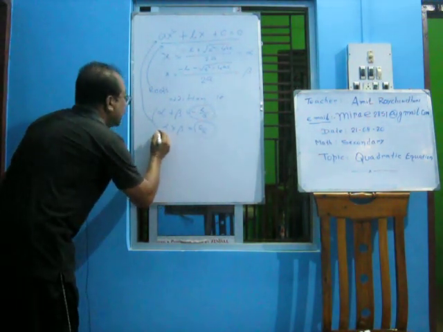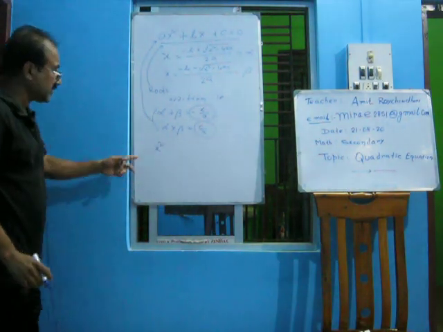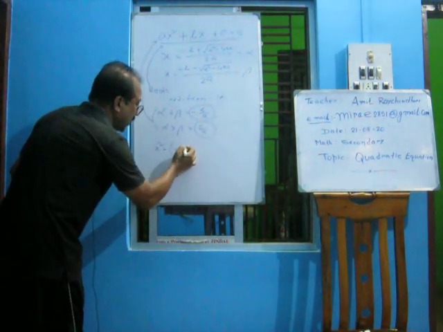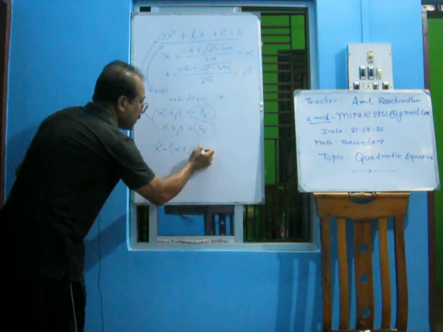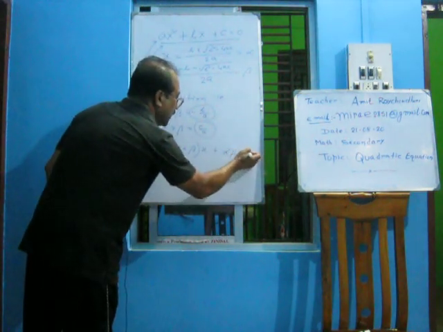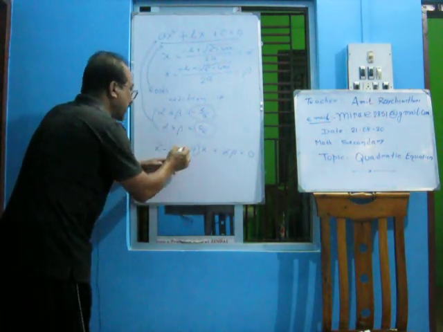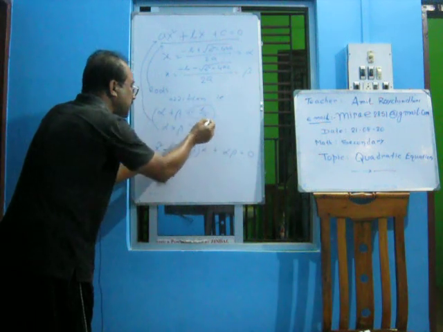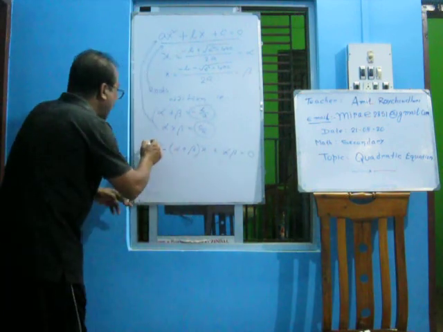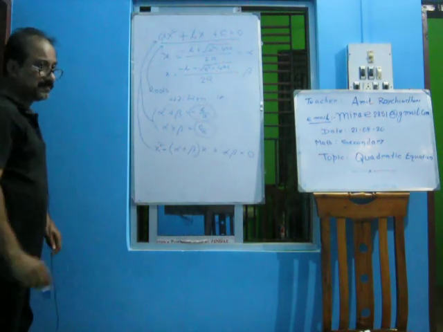If I write like this, x square, this is the very important area, minus within bracket alpha plus beta into x plus alpha beta equal to 0, and this alpha plus beta, if I put minus b by a, and alpha beta as c by a, then 100% it will go back to quadratic form.